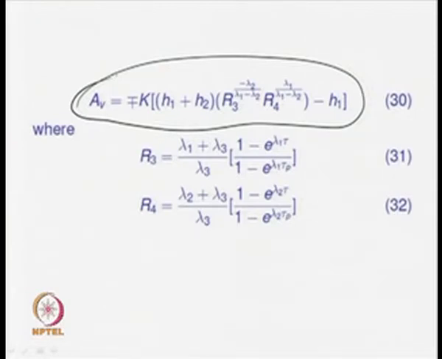Now, we have found an expression for the negative peak output when the plant is subjected to relay control H. A_V is equal to minus plus k times H1 plus H2 times R3 power minus lambda 2 upon lambda 1 minus lambda 2, R4 times R4 power lambda 1 upon lambda 1 minus lambda 2, minus H1, where lambda 3 and lambda 4 are given by equations 31 and 32. So, this is what we already derived in our earlier lectures.